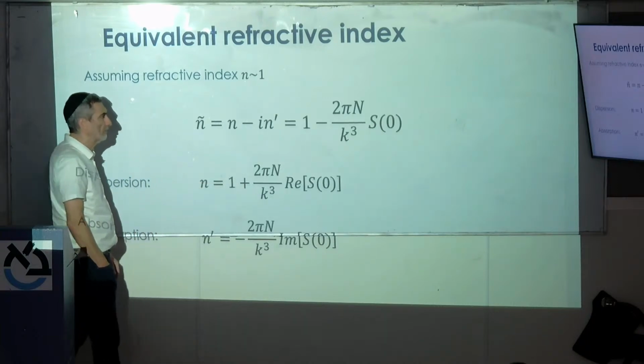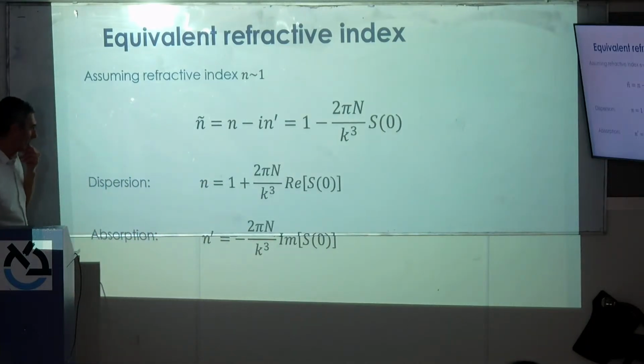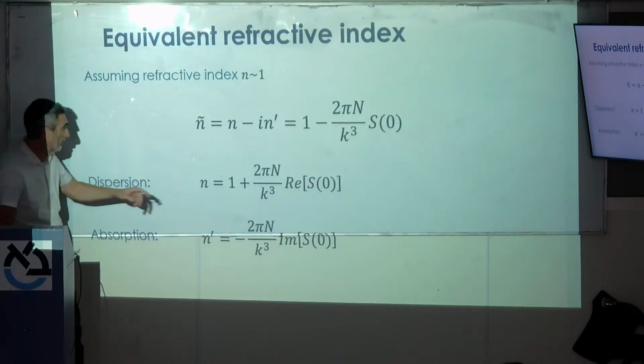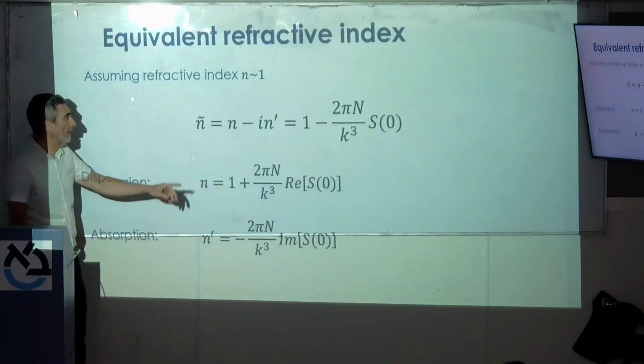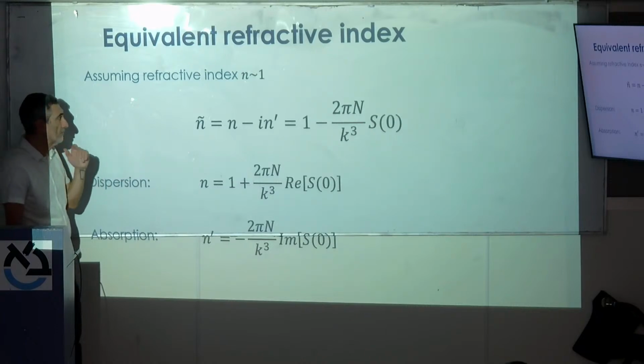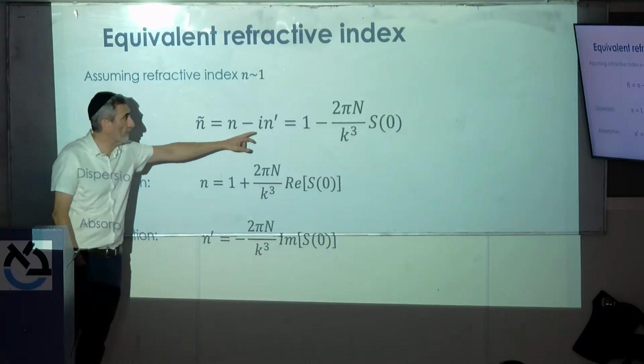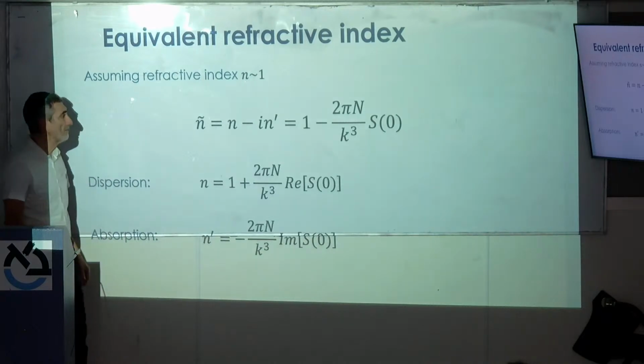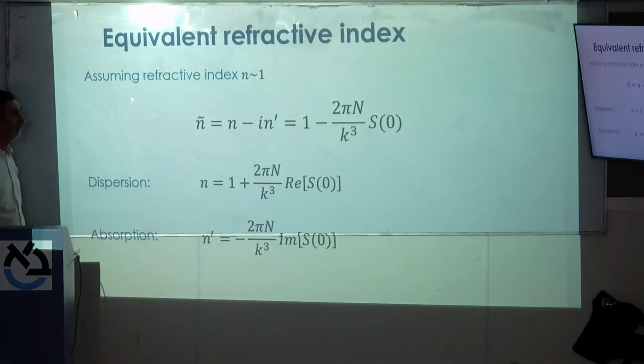I should have a minus. Minus here, 2 pi n over k cubed, real part of S. That's for the real part, so I guess there is a mistake here. And the absorption is the imaginary part of the index, the n prime here, which is minus 2 pi n over k to the power 3, imaginary part of S of 0. Yes, so there is a mistake here.